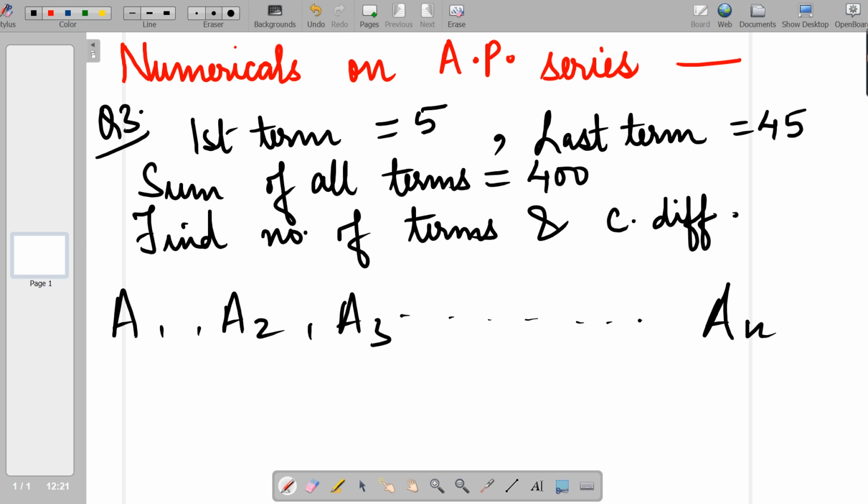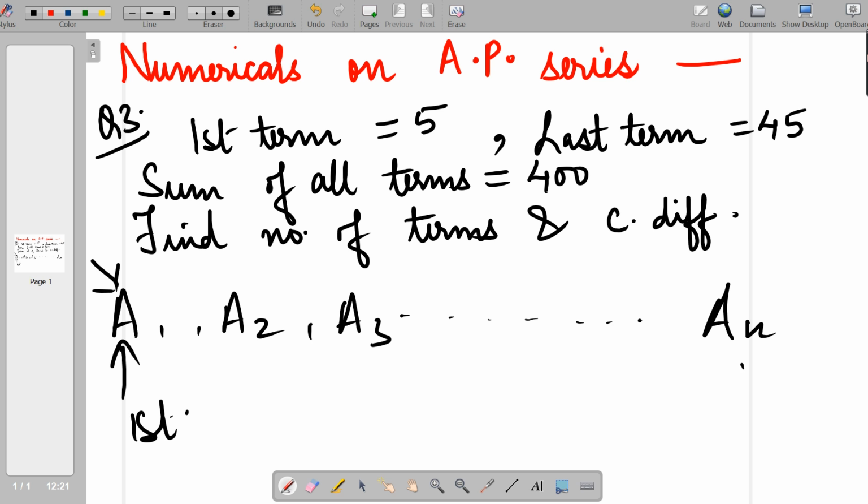Alright. Now, if you see this series, the starting element is A1, the first element. A2 is the second element, A3 is the third, and all the intermediate positions will be incremented by 1.